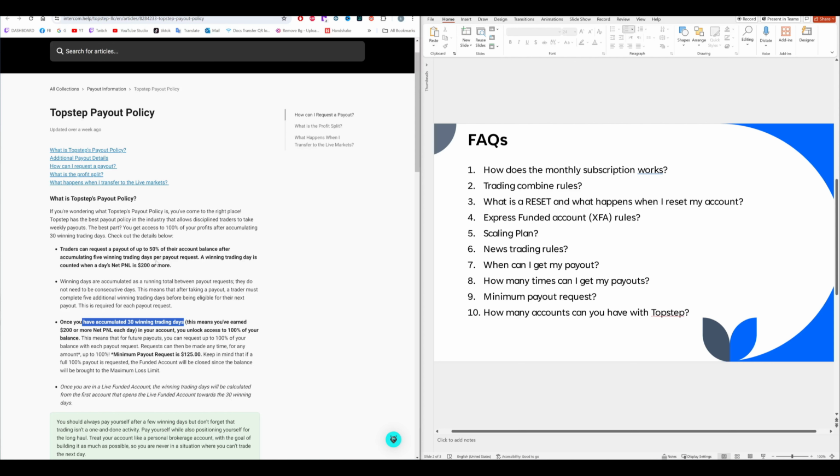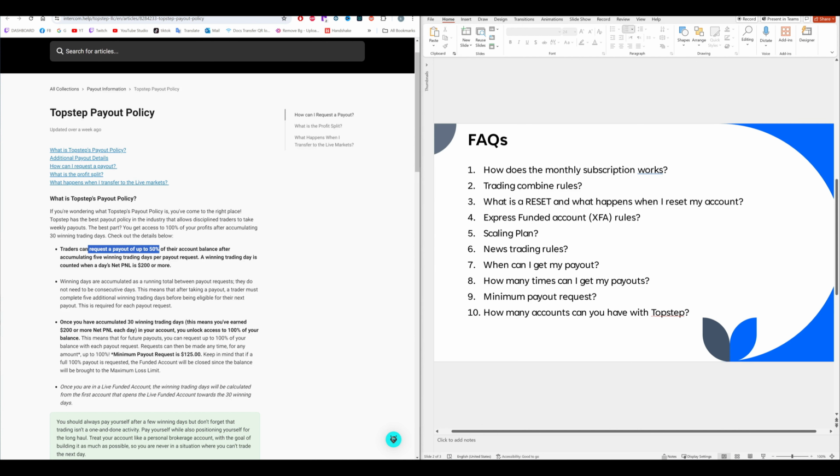It's not going to limit you to 50% anymore. You can even request a payout of all of the profit in the account and just close the account. It will be your decision to make, but you will be able to access 100% of your funds after 30 winning days non-consecutively.